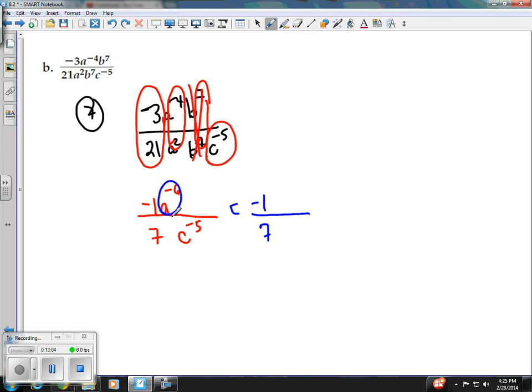I have a to the negative 6 power. He doesn't want to be on the top. He wants to go to the bottom. So over here I'm going to write a to the positive 6th on the bottom of the fraction. Same way, my c to the negative fifth didn't want to be on the bottom anymore because he has a negative power. He wants to go to the top. So it's now c to the positive fifth. And that's our final answer.